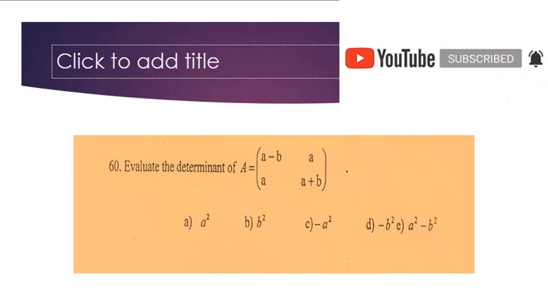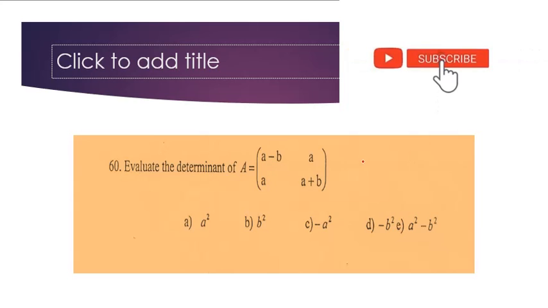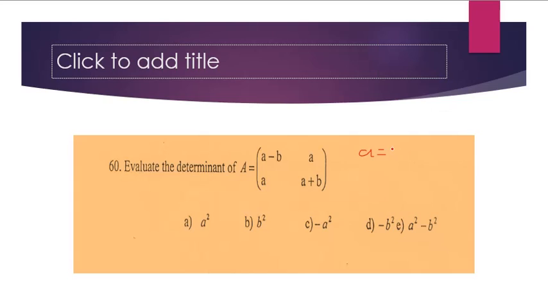So instead of using A, B and all that, let's just substitute them with a reasonable value. Let's say A is equal to 2, and then B is equal to 1.